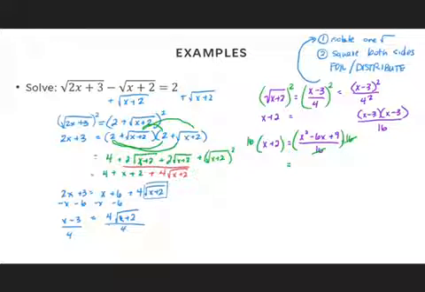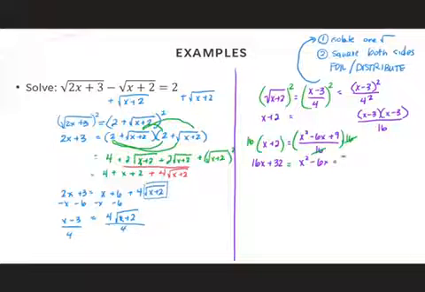On the left side, I've got 16x plus 32. On the right side, I've got x squared minus 6x plus 9. There are no square roots left, which means we're on the right track. We're doing the right thing. We're going the right direction.